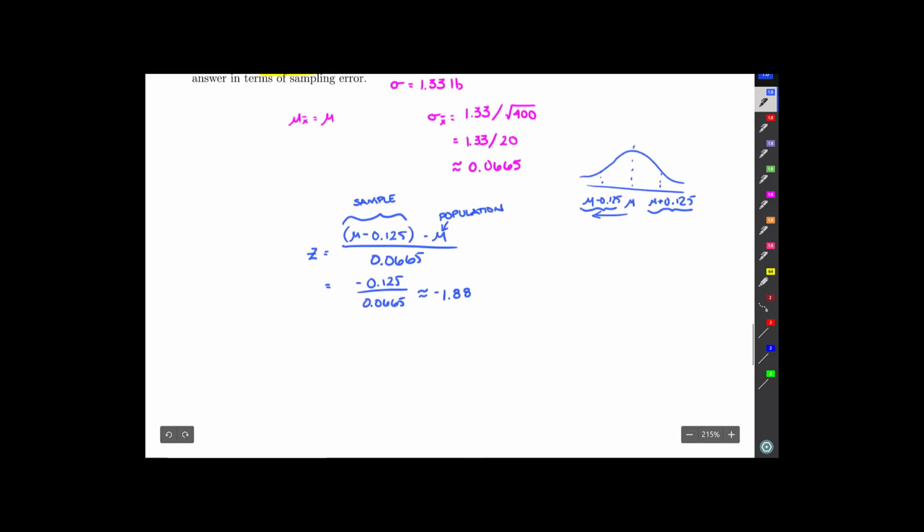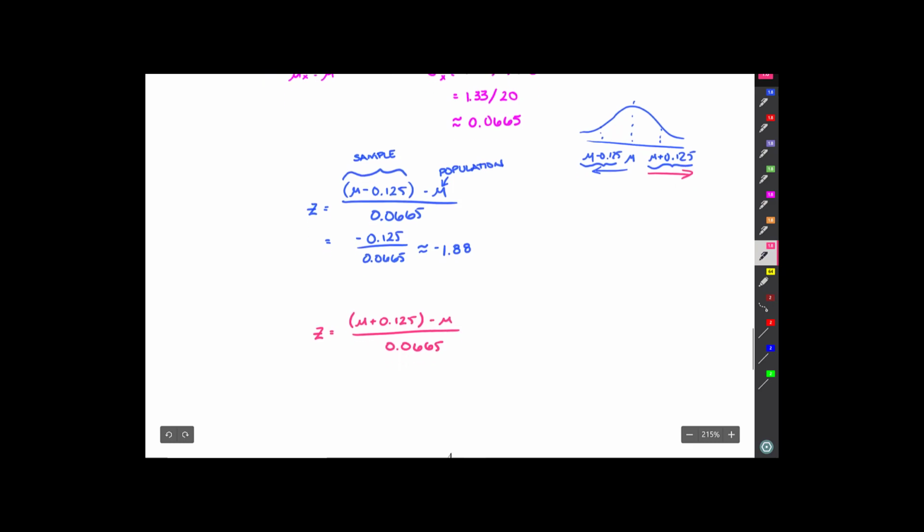We're going to do that again for the right-hand side. So looking to the right of the mean, here we have z is equal to mu plus 0.125 minus mu over 0.0665, and that will simplify to 0.125 over 0.0665, which is approximately equal to positive 1.88.